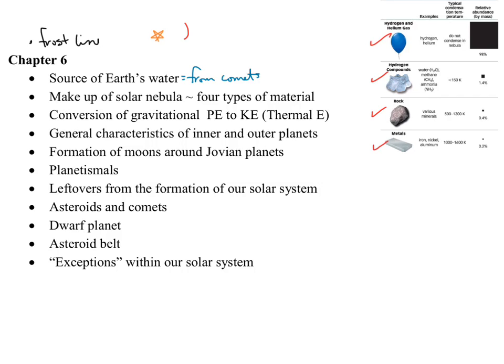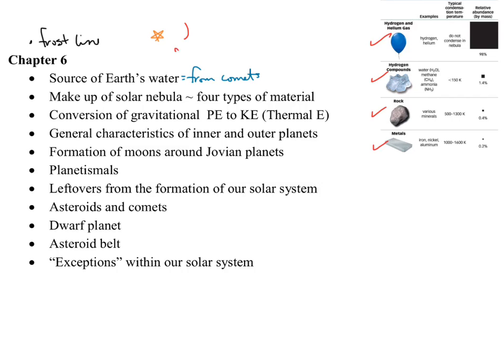I'm telling students who come in for a review session that if you want to add one more bullet, and again, this will be available to you as a review page, not the video, but that'll be available too. You want to add frost line to your list of terms there.